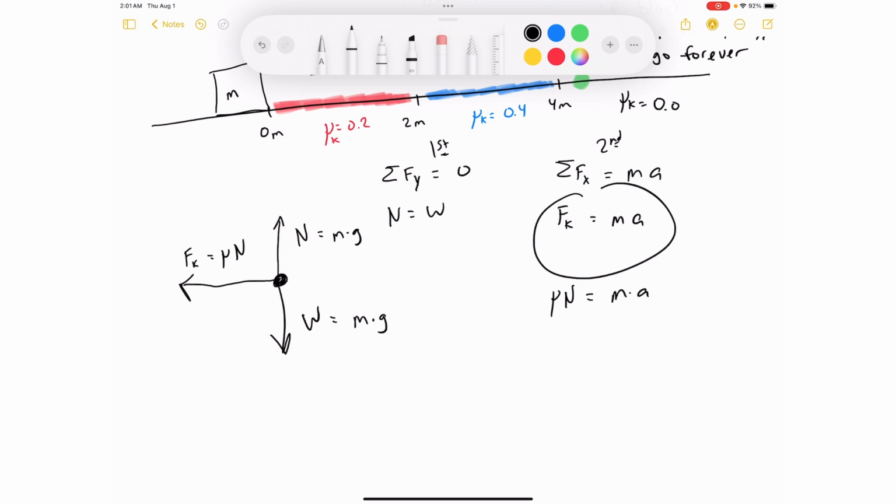Remember, Fk is equal to that. And then ma, of course, is still ma. And then N right here is just mg, right? From here, right? Remember that? So mu is still mu, and then N becomes mg. mu mg equals ma. And then I'm just going to divide by m.